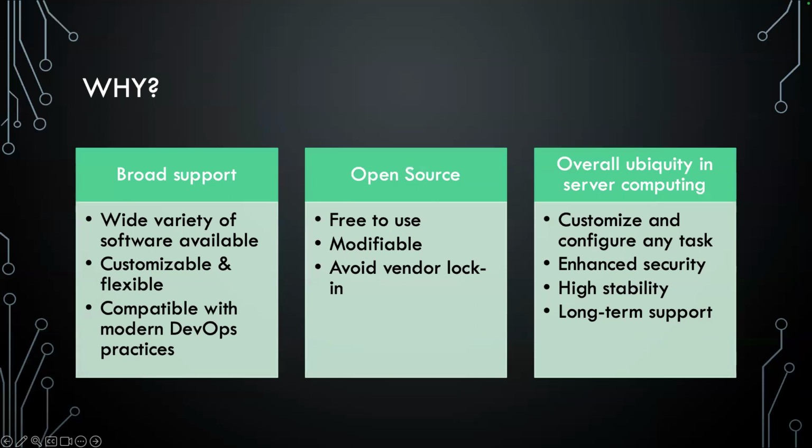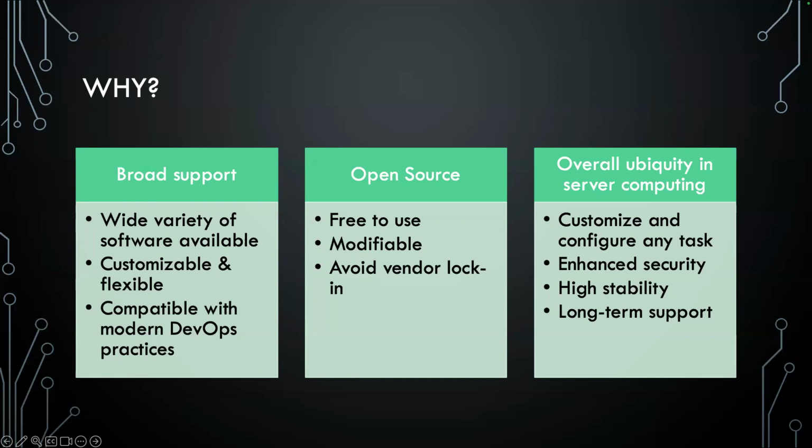There's broad support for Linux from basically everything. A wide variety of software is available. And I know a lot of end user software will say download for Mac, download for Windows, and those are your options. There's such a huge world of software outside of that. All of the software outside of productivity stuff or entertainment apps is kind of Linux first.